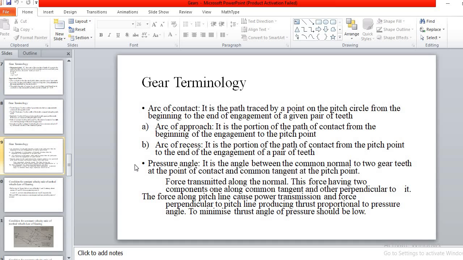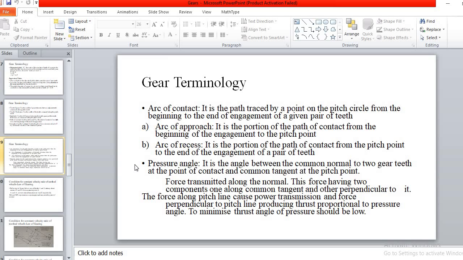Force is transmitted along the normal, and that normal force again has two components: one along the common tangent and one perpendicular to the tangent. Pressure angle is the angle between the normal and the tangent passing through the pitch point.